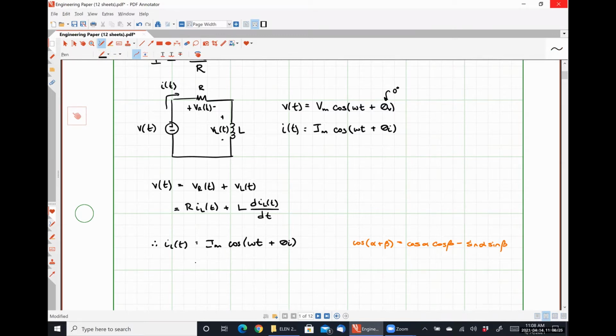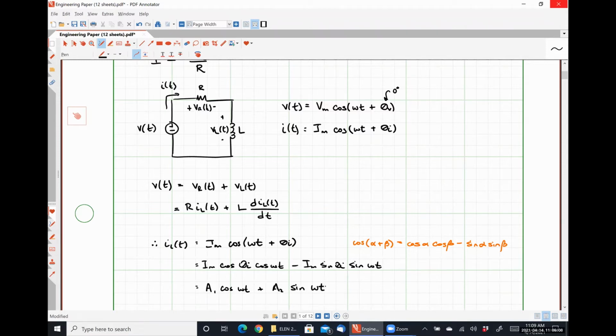I can rewrite this as Im cosine theta I cosine omega t minus Im sine theta I sine omega t, which I will call A1 cosine omega t plus A2 sine omega t.